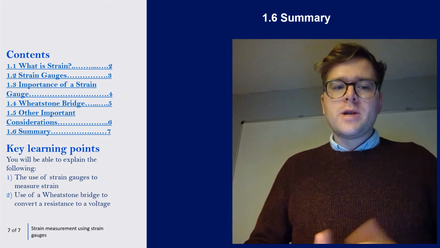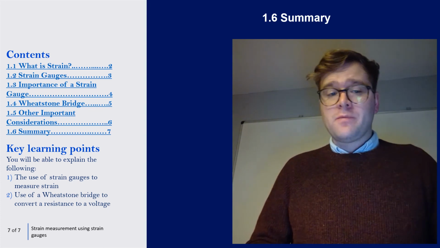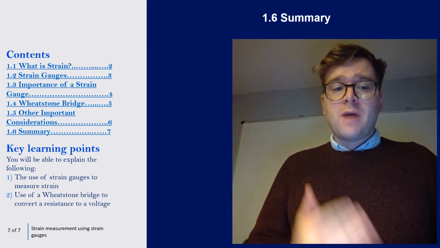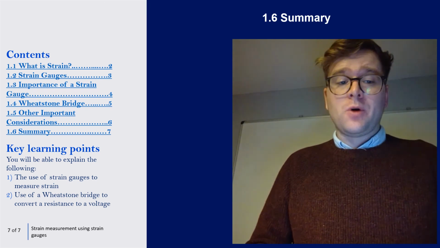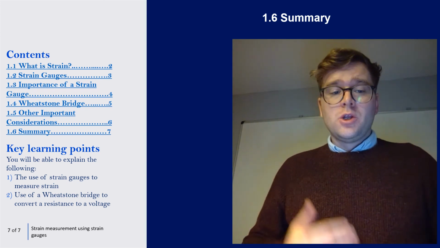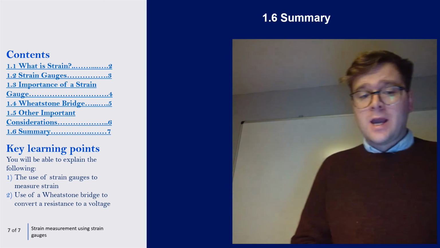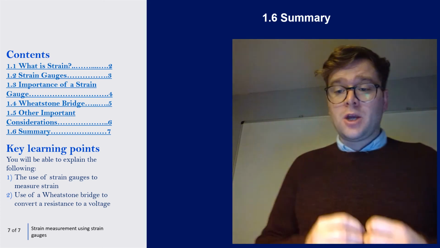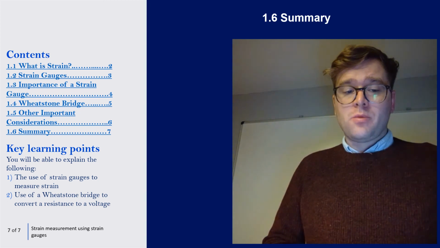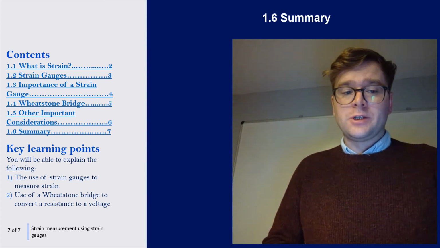I believe the following are key points to take away from the lecture. The mathematical description for strain and how this relates to Young's modulus and Poisson's ratio. The resistance change of a strain gauge subject to tension and compression: under tension, increased resistance, and under compression, reduced resistance.